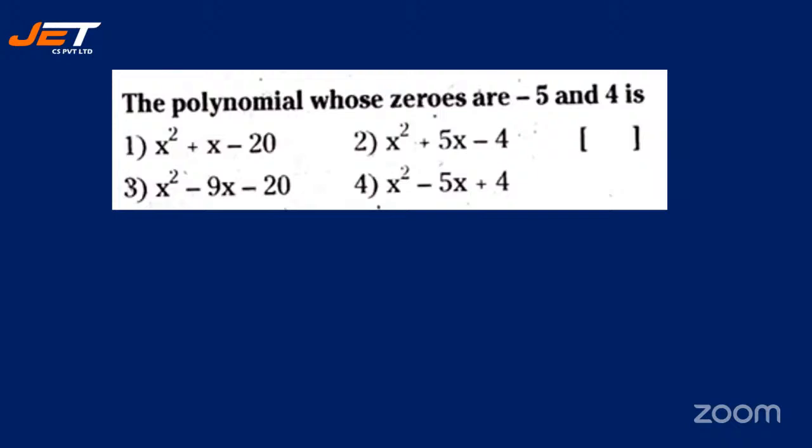The polynomial whose zeros are minus 5 and 4 is dash. The options are x square plus x minus 20, x square minus 5x plus 5x minus 4, x square minus 9x minus 20, x square minus 5x plus 4.